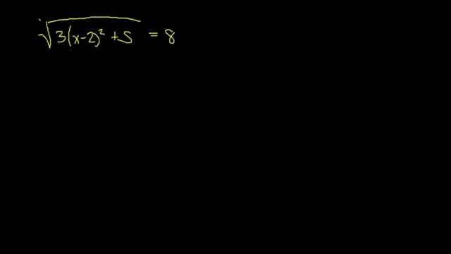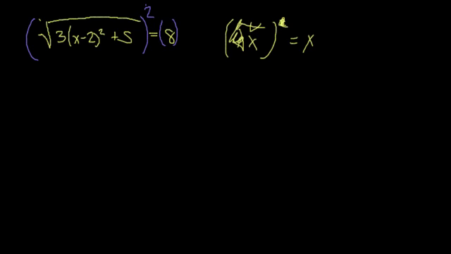Now, remember I had said, if you have rad x and you square it, the radical and the squared cancel out and you just get x. So we're going to square both sides. What is 8 squared? That is 8 times 8, and that is 64. You should know that by your tables.